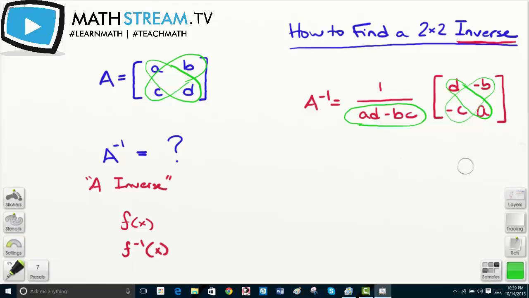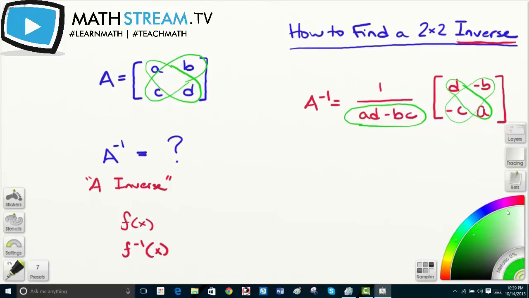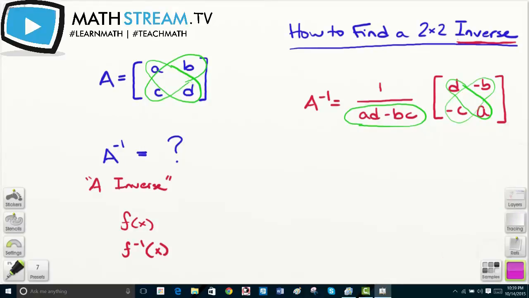Let's look at an example of how we would get an answer here. So we'll go back to, let's use pink because it's kind of bright. Let's say that we have our matrix from our example problem, which actually, what was my example?